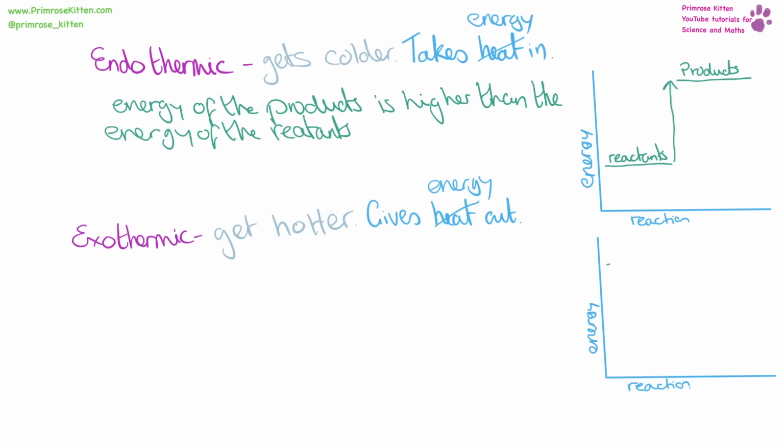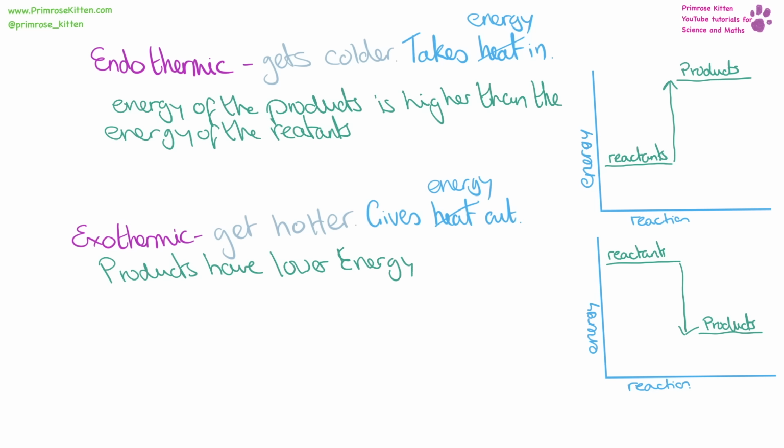During an exothermic reaction, energy is given out, so our reactants, energy is given out, so our products are going to be down here, which means our products have lower energy than the reactants.